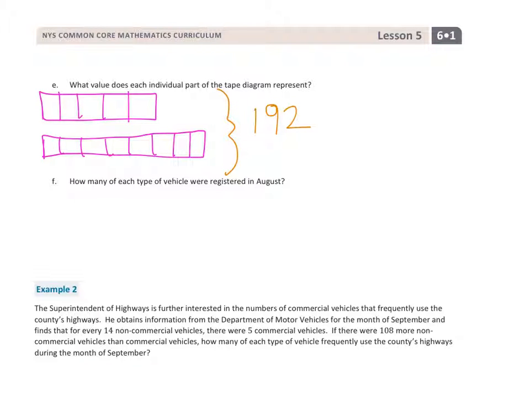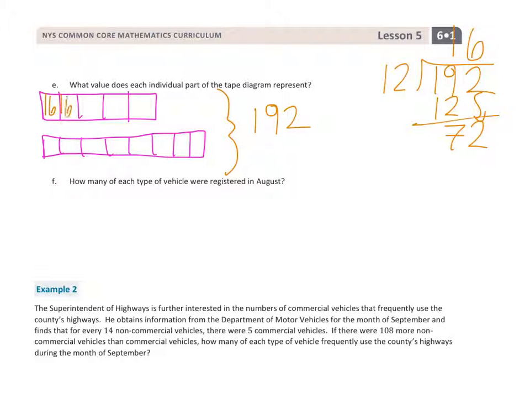So I've got 12 chunks here, so I'm going to do a little long division over here really quick. 12 goes into 19 once. 19 minus 12, 7. Bring down my 2. 12 goes evenly into 72. I love it when it's even. 16. So each chunk on our tape diagram represents 16 vehicles.